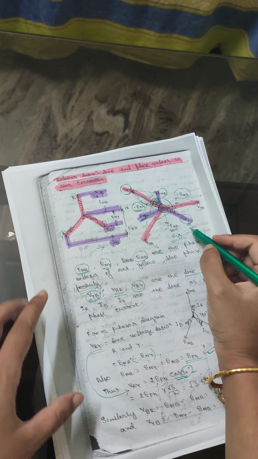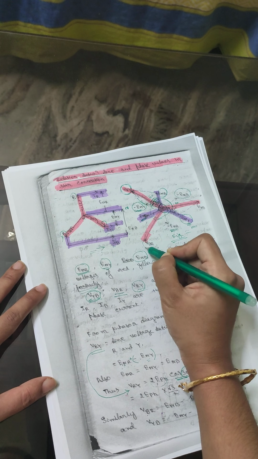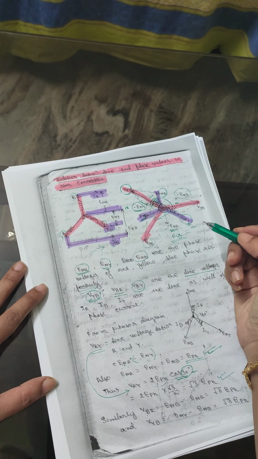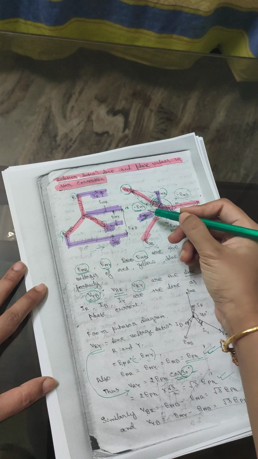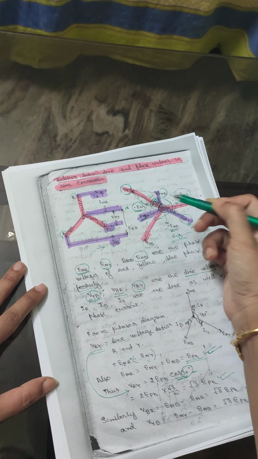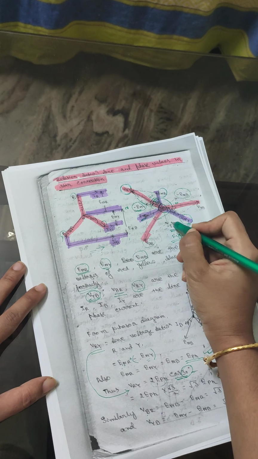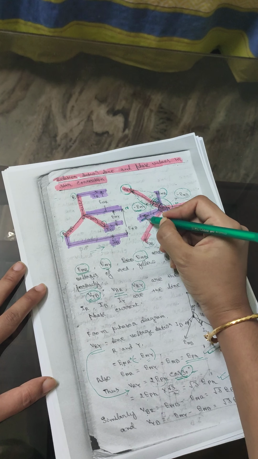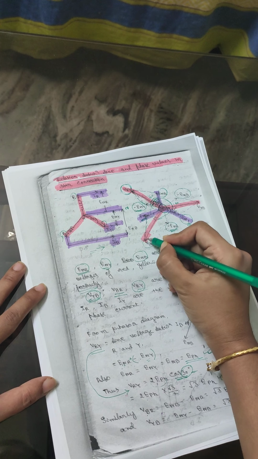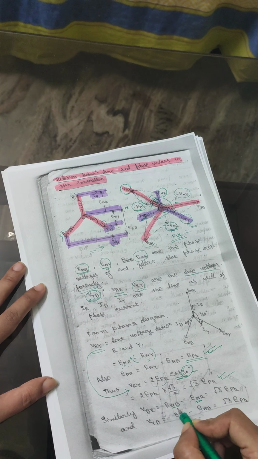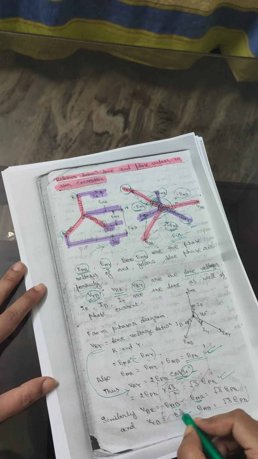In case of VBR also, consider that one, VBR, which is the vector summation of ENB plus or minus ENR. This means this one is the vector summation. Same thing, ENB plus or minus ENR, which equals 2 E phase and there will be cos 30.